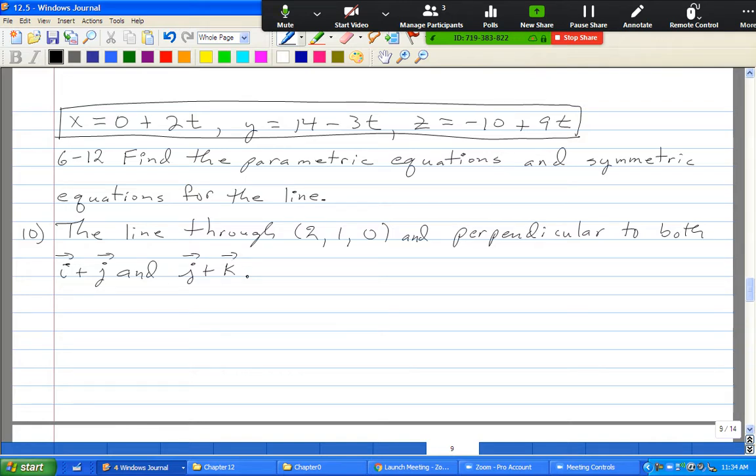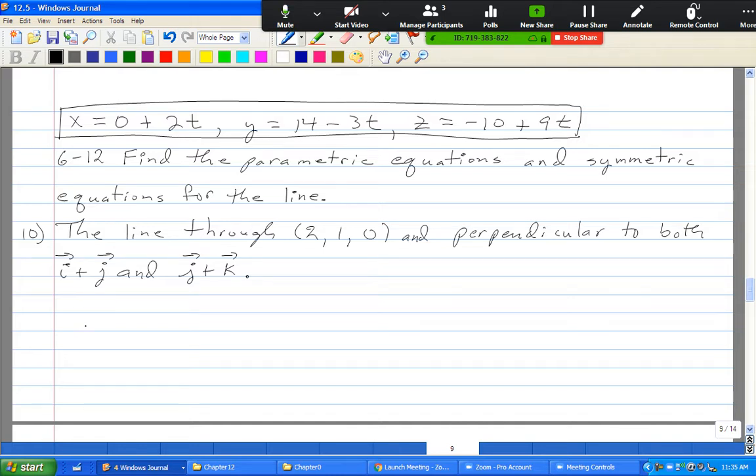So to find a direction, a vector perpendicular to these, I can take a cross product.